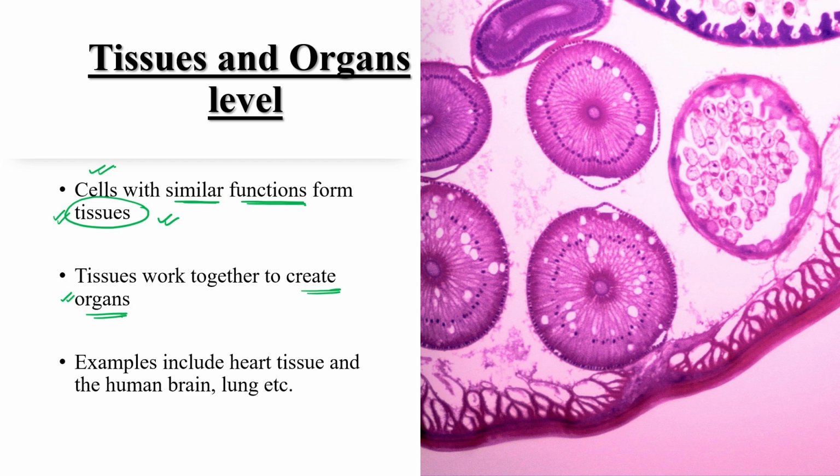Right. So when tissues work together to create an organ, the examples I have mentioned over here are heart tissue, human brain, lungs.